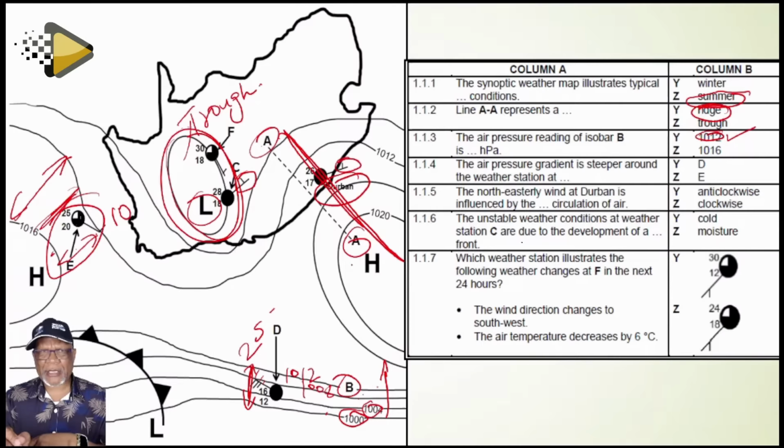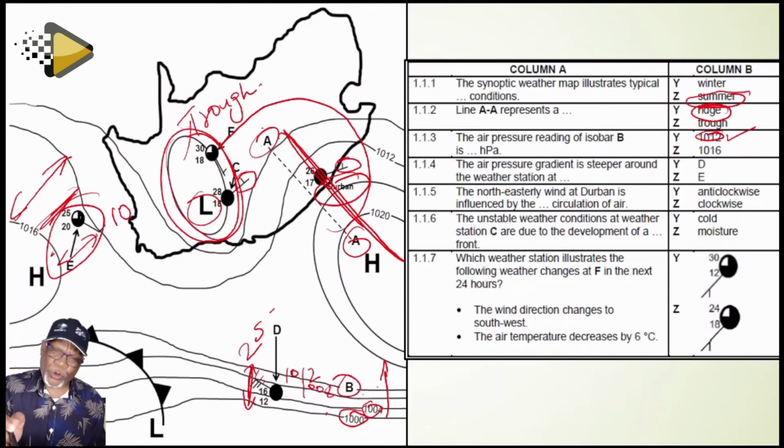And now we have the high pressure cell here, which is called South Indian. So this South Indian high pressure is going to blow in the warm, moist air here, and this one is going to blow the cold, dry air. That is why we have this trough over here.